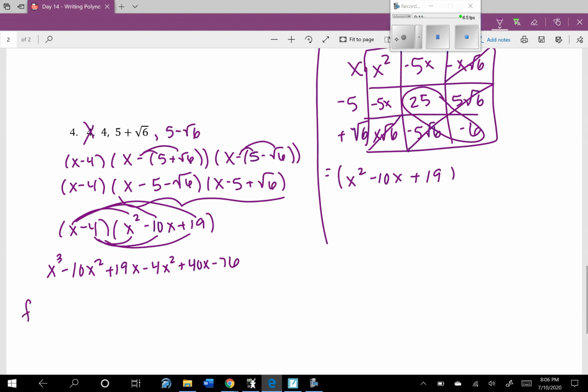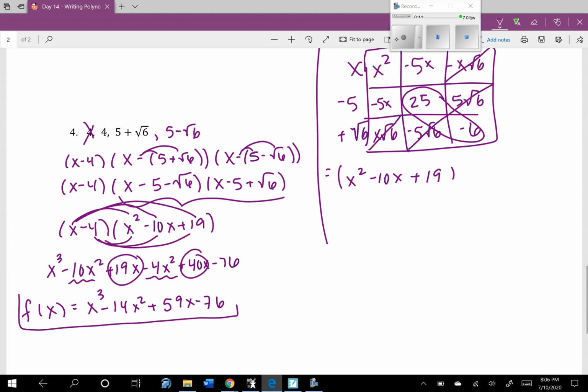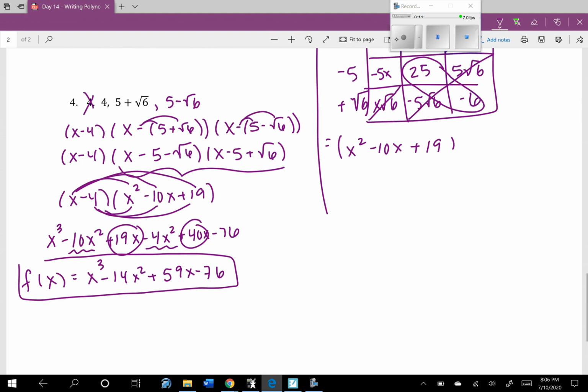And then when we combine our like terms, x cubed, and then we have minus 14x squared, and then here we have the x's, so plus 59x minus 76. And that looks like it's it.